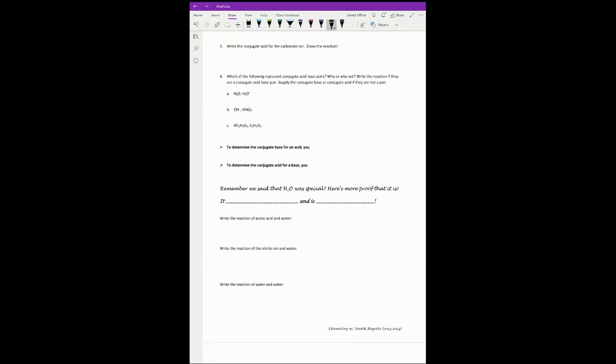So in this reaction, it's asking for the conjugate acid of the carbonate ion. Carbonate is CO3 2 minus, which means that if we want to get the conjugate acid, this has to have been the base in our reaction.